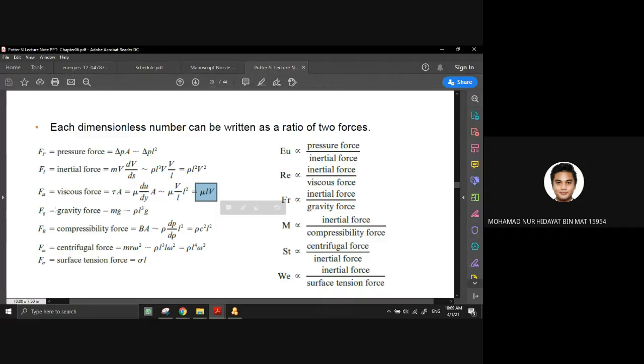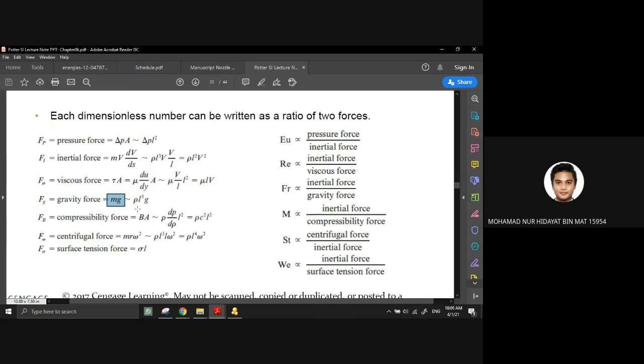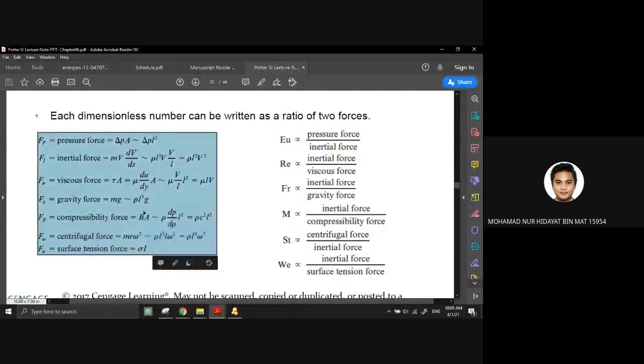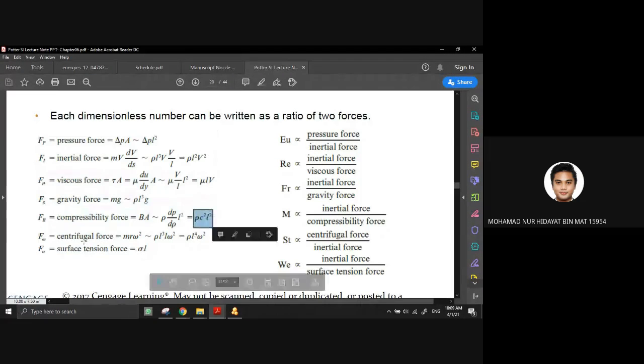The gravity force is mg. Mass is density multiplied by volume, and volume is L cubed, so density times L cubed is the mass, multiplied by gravity leads to this term. Compressibility is the bulk modulus multiplied by area, and you get this term. The centrifugal force leads to this form, and finally the surface tension leads to this form.